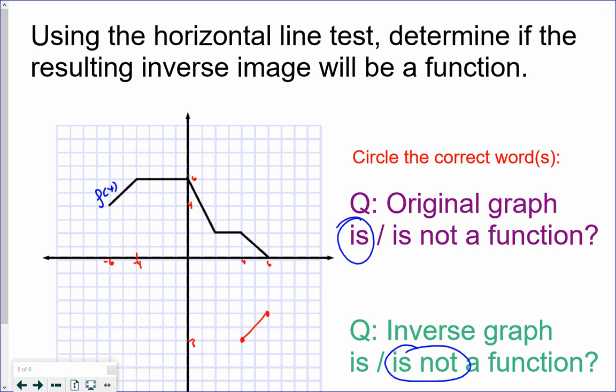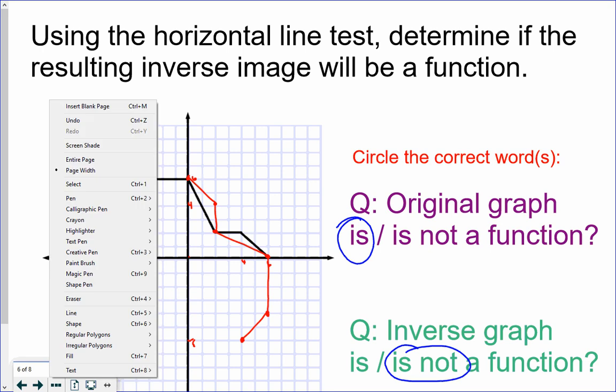Then here at 0, 6, so at 6, 0, and I'm just going to connect the points as I go. 2, 2 is going to stay. Remember, that's going to be an invariant point. 4, 2 is going to become 2, 4, and 6, 0 is going to become 0, 6. So here is my inverse.